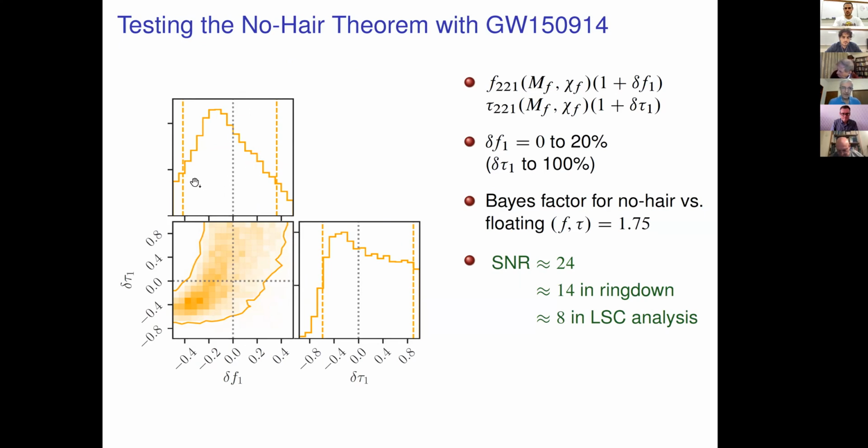And the data, these bounds, these vertical lines, tells you that the deviation is 0 to about 20%. So yeah, it's not great, but the fact that you can actually, from the very first LIGO event, get any measurement, I think is quite remarkable. Unfortunately, the damping time is harder. There's no real bound here. It's 0 to, plus or minus order unity.